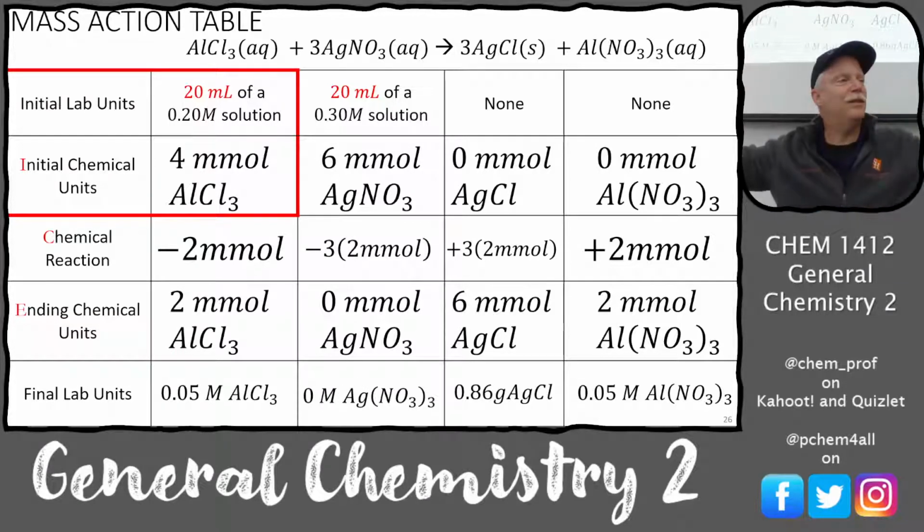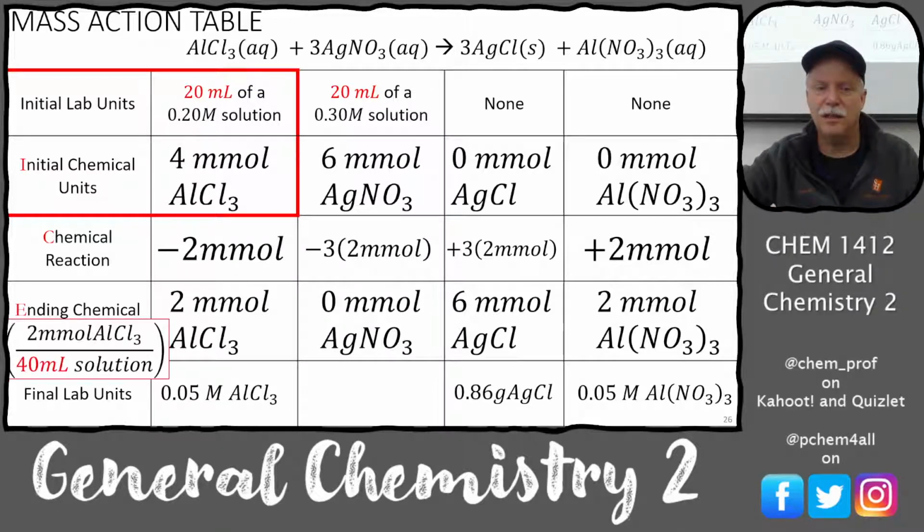So we filled out the whole table. There's nothing I can ask you about this system that you can't answer. Yes? Can you show the equation to calculate the molarity of aluminum chloride? There you go. Whatever was left over was that 2 millimoles here, and then again, divide by the total solution volume, 40 mils.